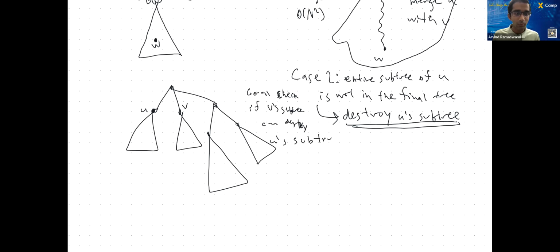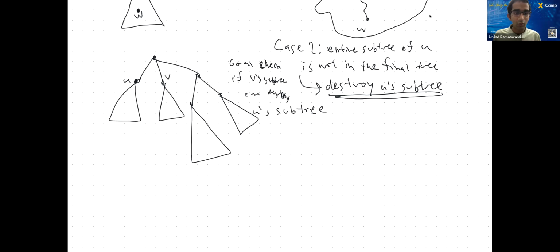And to do this, basically, we can recurse. So destroy(U, V) tells me whether V's subtree can destroy U's subtree.